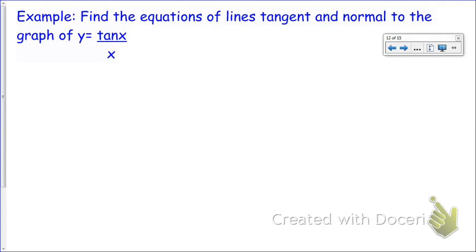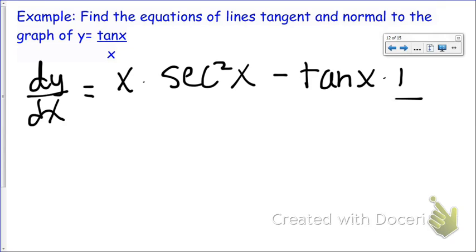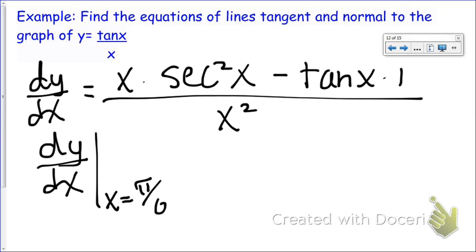We look at our derivative then and evaluate the derivative, which again, if we look back at our derivative, we had dy dx equals x times secant squared x minus tan x times 1 all over x squared. Plug in or evaluate at pi over 6, and we get a slope of 0.441.